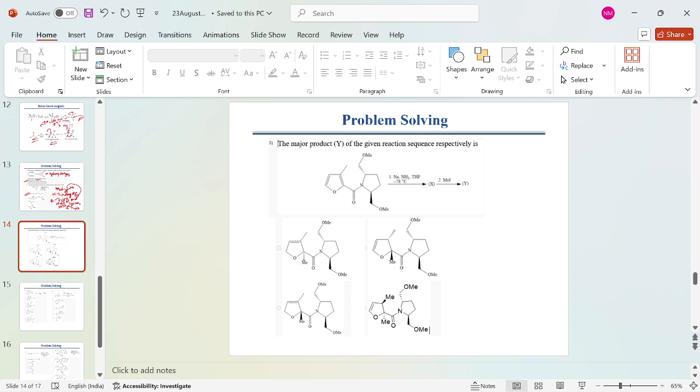The next question is the major product, sodium ammonia, minus 78 degrees centigrade. So sodium can transfer a single electron here and this will go. So this can, this minus radical.